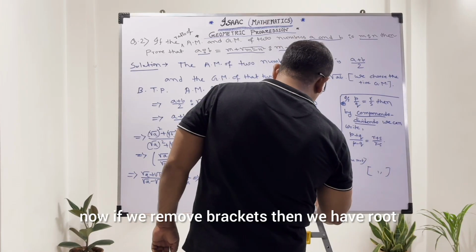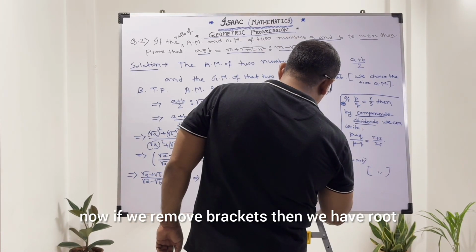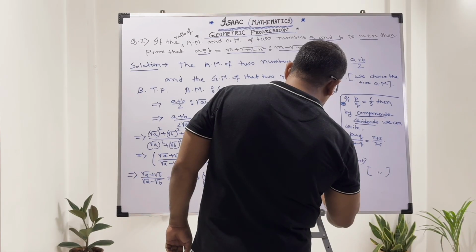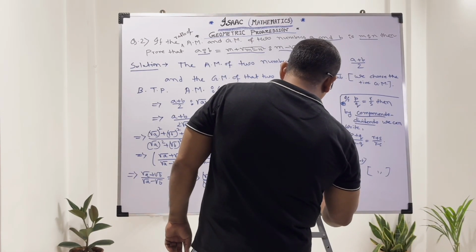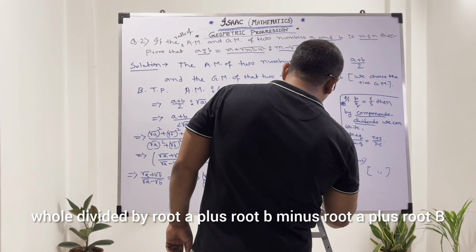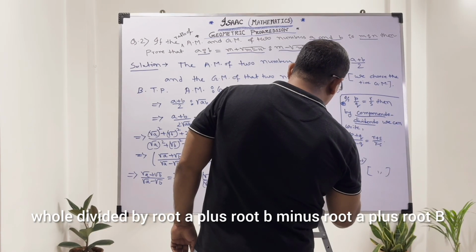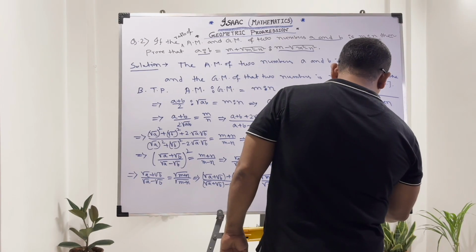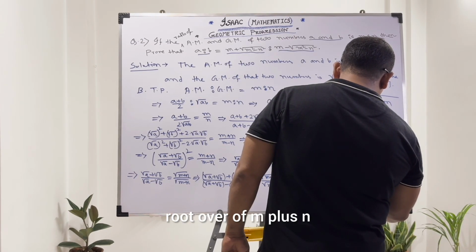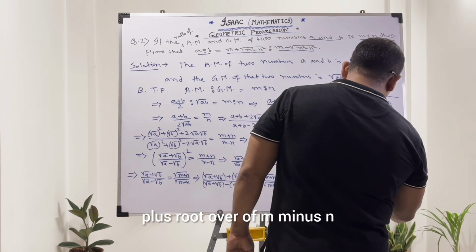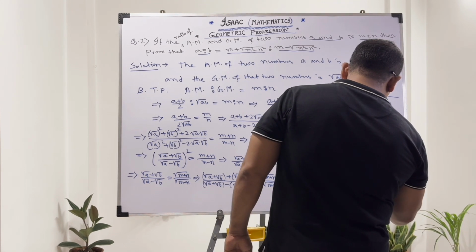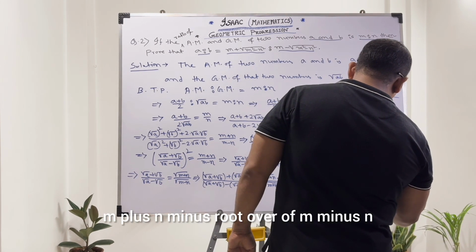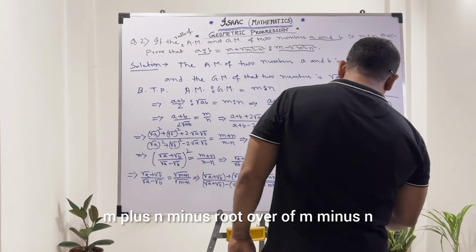Now if we remove brackets, then we have (root a plus root b plus root a minus root b) whole divided by (root a plus root b minus root a plus root b) equals (root of (m plus n) plus root of (m minus n)) whole divided by (root of (m plus n) minus root of (m minus n)).